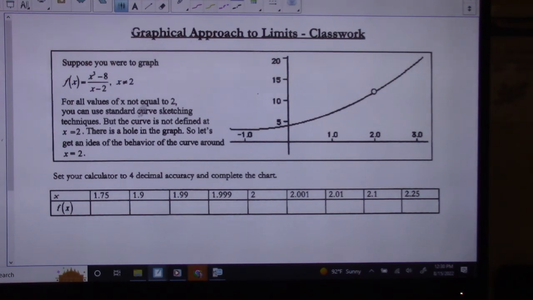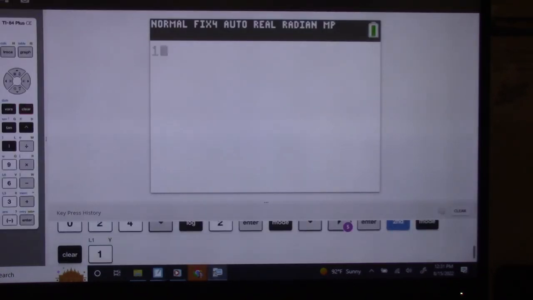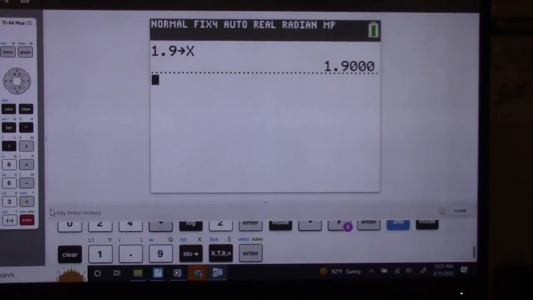So what I want you to do is take this x cubed minus 8 over x minus 2 and plug in a number. I'm going to take 1.9, so I'm going to put 1.9 store to x.